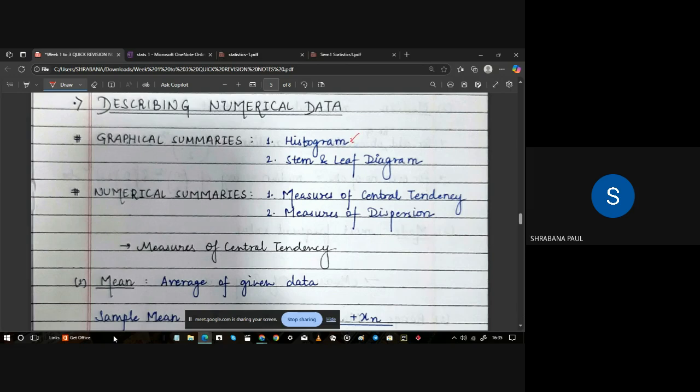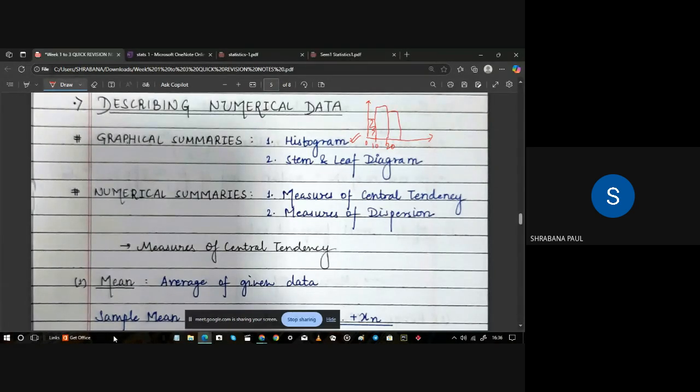So histograms are depicted through a bar graph only, but this comes in intervals. If I plot marks here, from 0 to 10, how many students appear in this category, and from 10 to 20, how many students appear in this category, it is represented through a histogram.